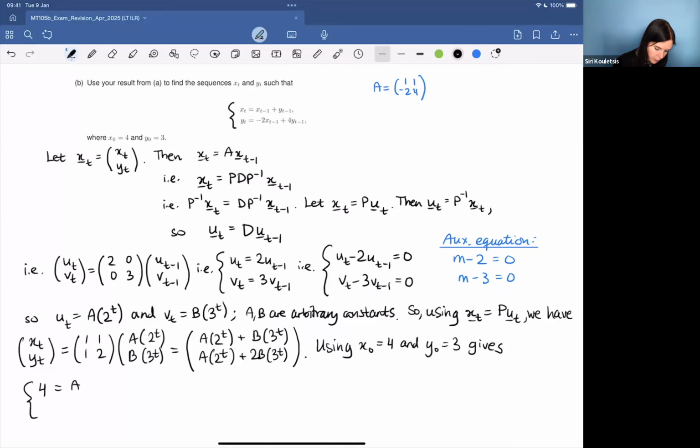We get that 4 equals a plus b, and 3 equals a plus 2b.